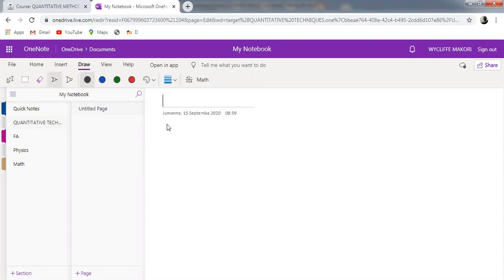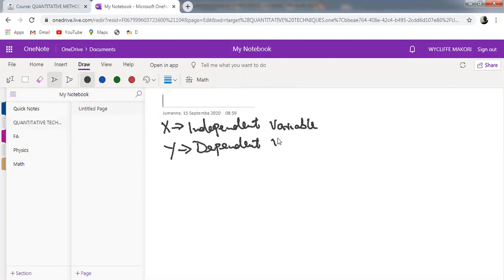So we have the x, which is the independent variable, and the y, which is the dependent variable. So we are trying to measure what is the effect of changing the x on the y.